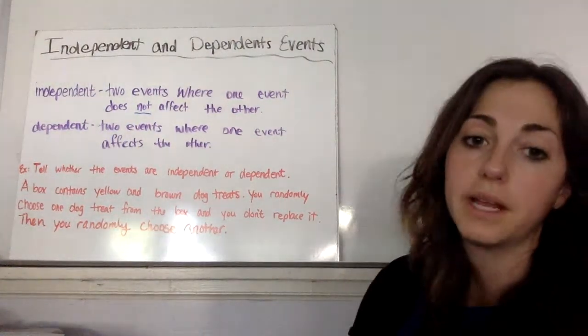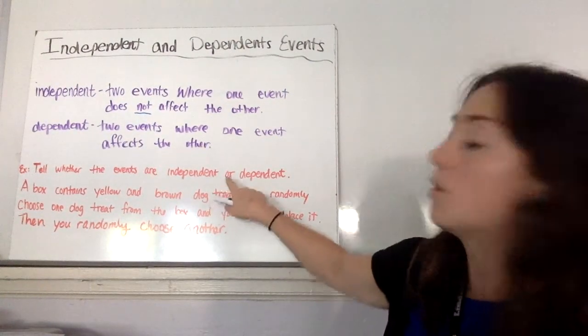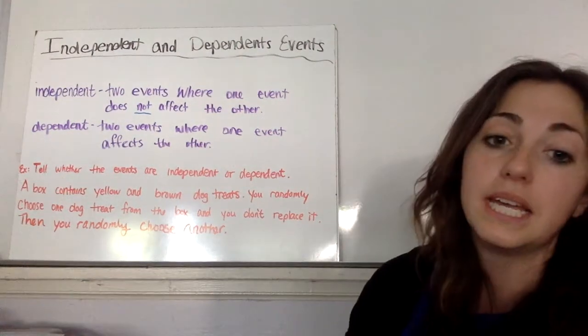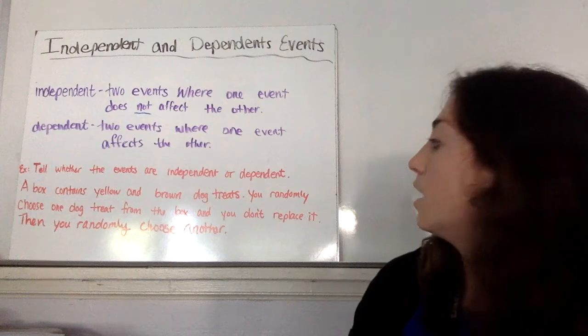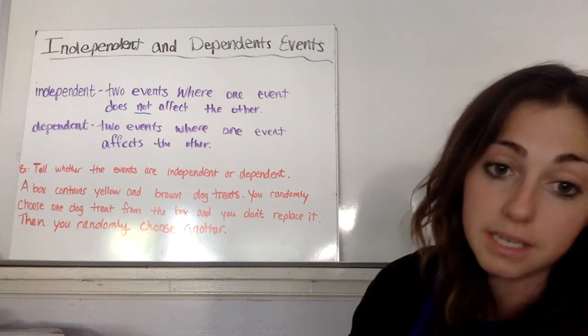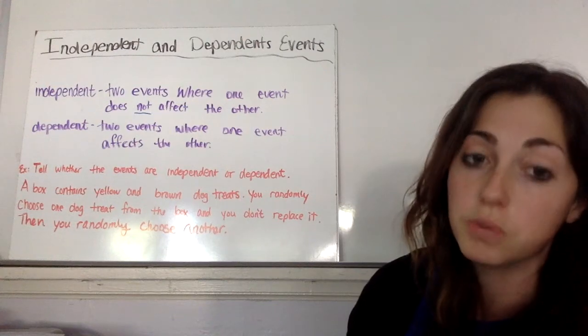Let's look right away at this one. Tell whether the events are independent or dependent. A box contains yellow and brown dog treats. You randomly choose one from the box and you don't replace it. Then you randomly choose another.